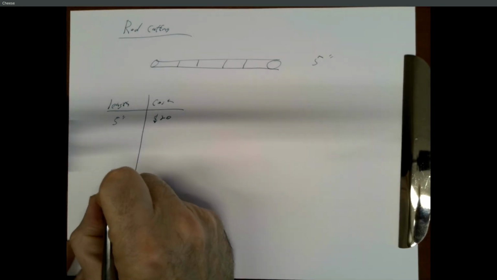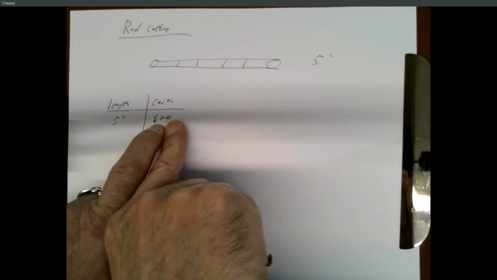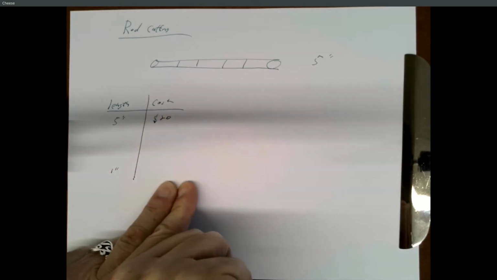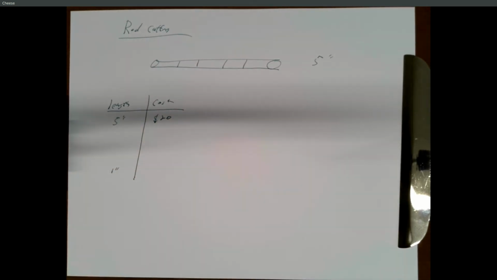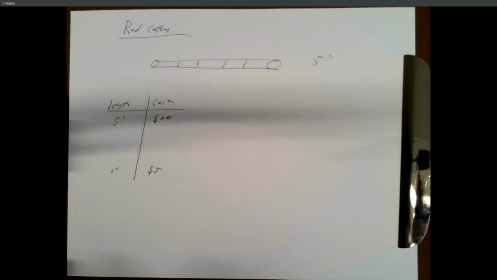And you could cut it into 1-inch pieces and sell those for $4 a piece, right? Or somebody could buy this and cut it themselves and sell them off for $4 a piece. But it may be that somebody wants to buy 1-inch length rods and they don't happen to have the tooling to cut this rod themselves. And they're willing to pay a premium to get this rod pre-cut. So a 1-inch piece may be worth $5.